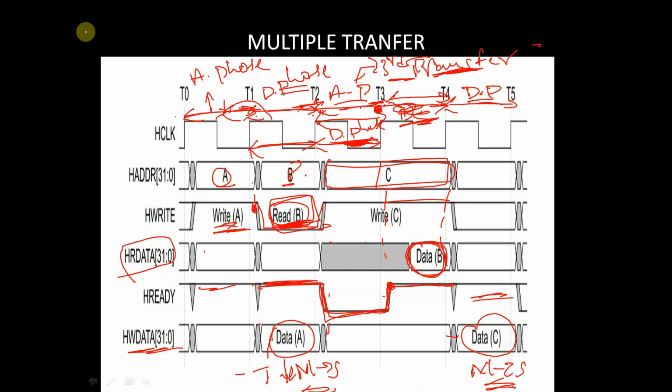Since HWRITE is high and HREADY is also high. So once again if we analyze, a transfer has an address phase and a data phase.